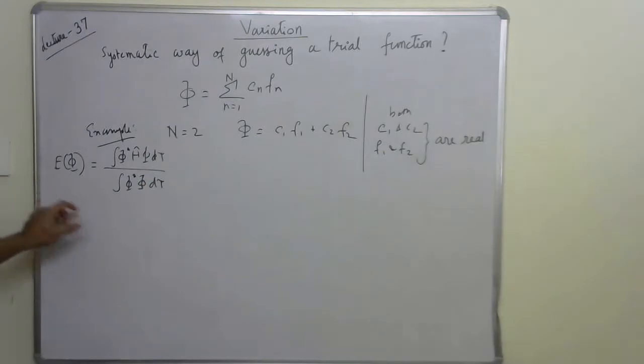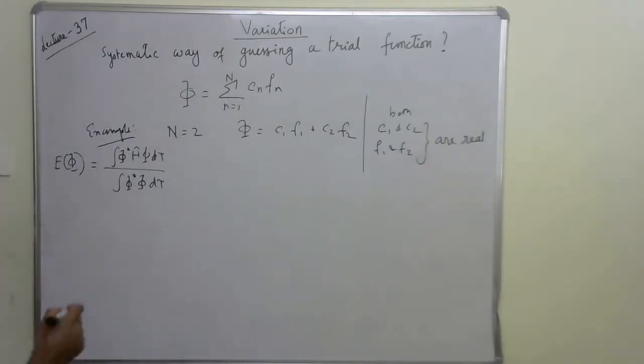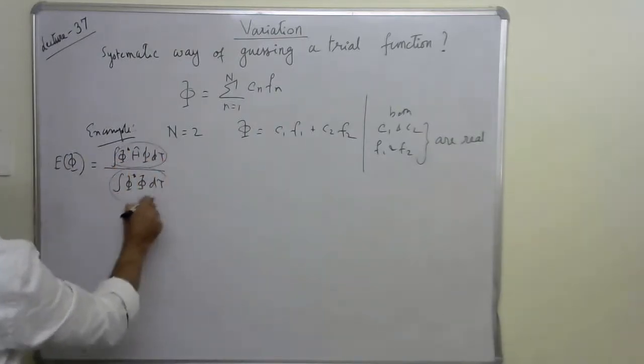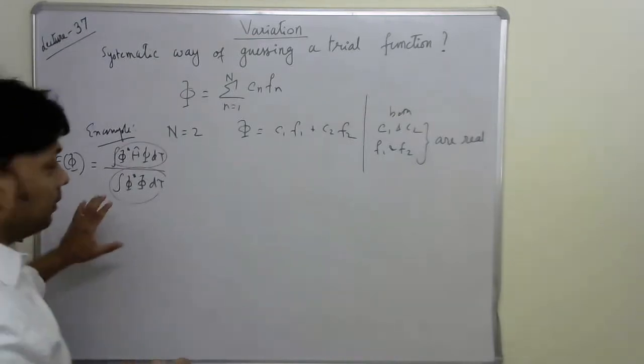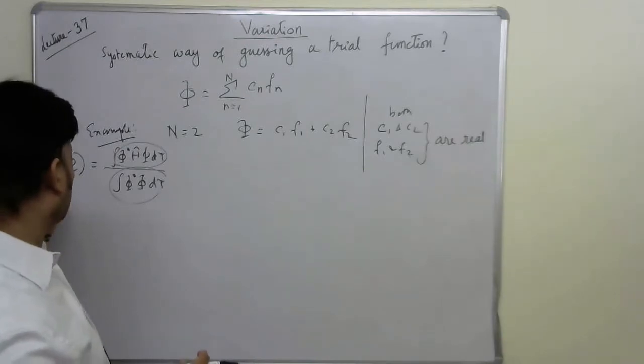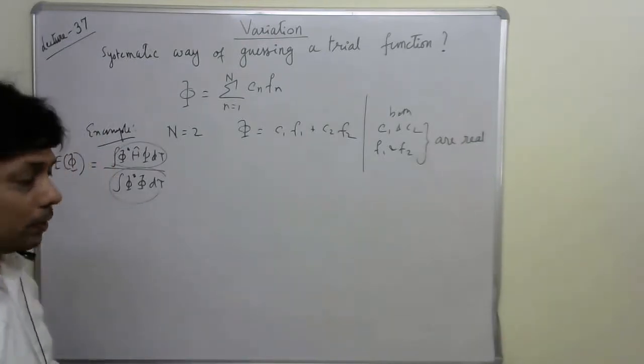This is our goal, to evaluate the energy minimum. Now our phi is this, so we have to individually evaluate the numerator and the denominator, and then optimize both c1 and c2. Once we optimize both c1 and c2, we will be able to find E of phi. So that's our goal today.